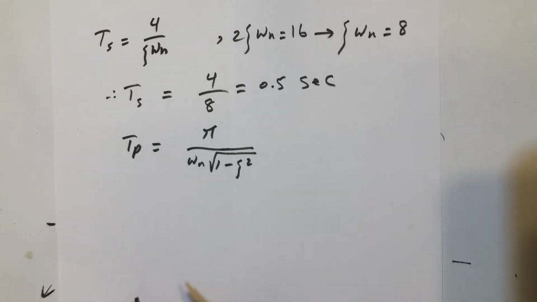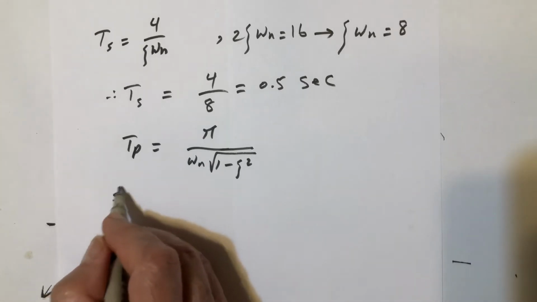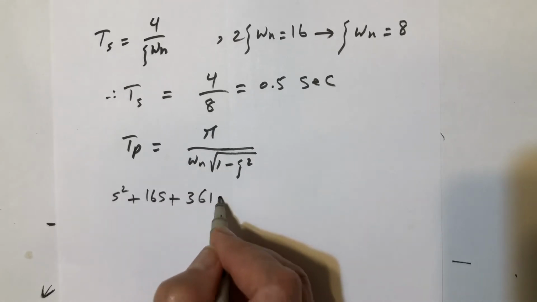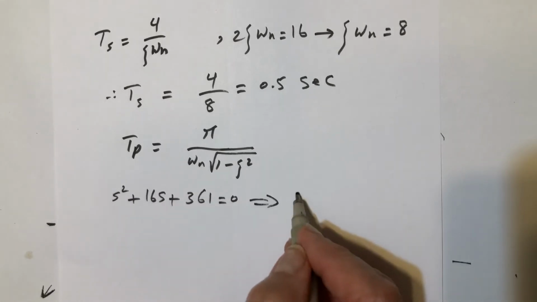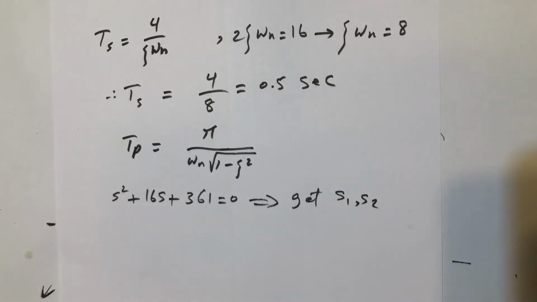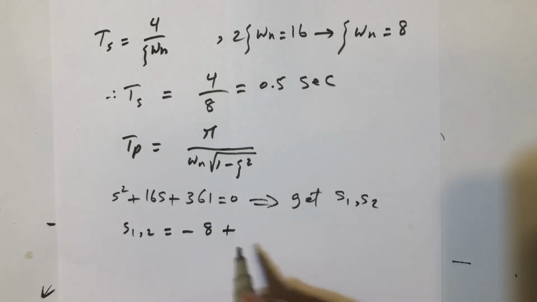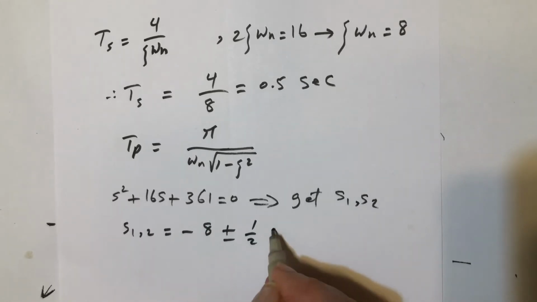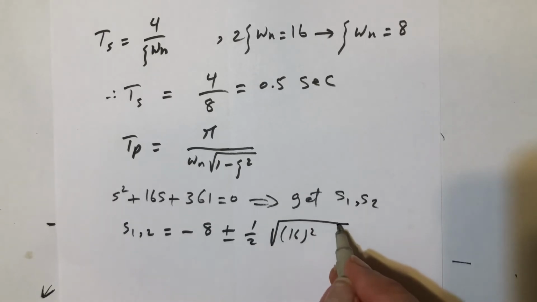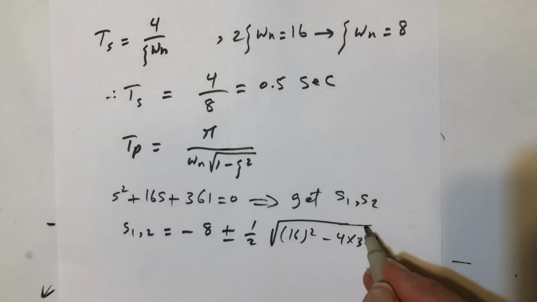So what I'm going to do is take the denominator, which is s square plus 16s plus 361 equal to 0, to get s1, s2. So s1,2 equals minus 8 plus or minus half the square root of 16 squared minus 4 times 361.